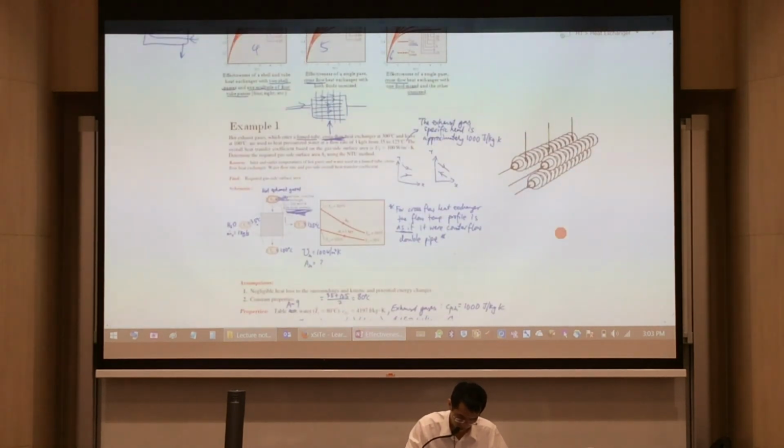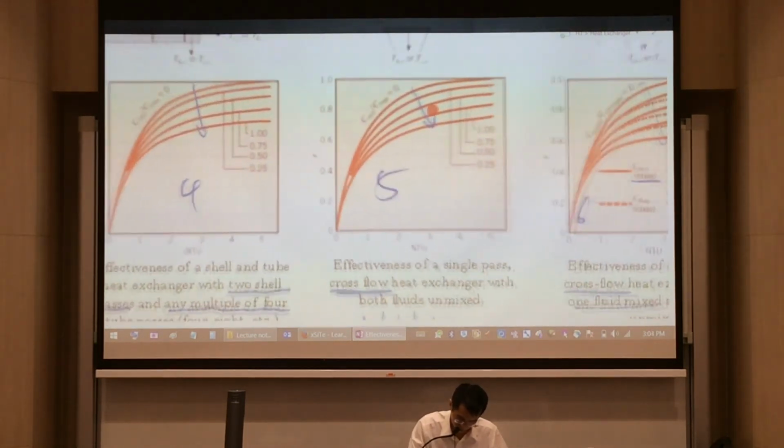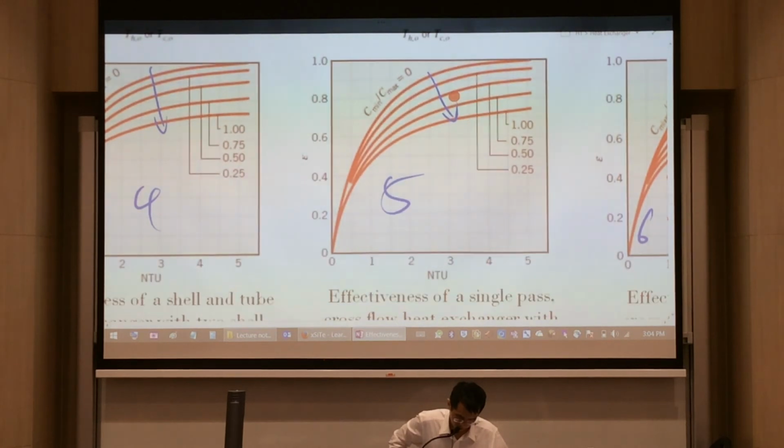Let's have a look. Okay. So these lines are all your CR, and you have your epsilon over here. So epsilon was 0.755. This is 0.7 over here. 0.755 somewhere.